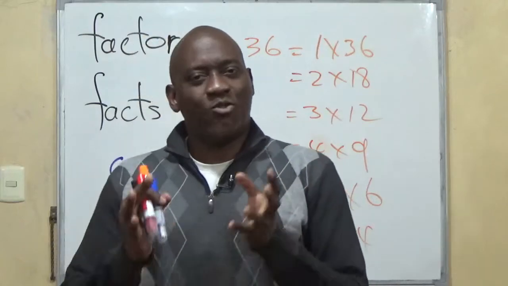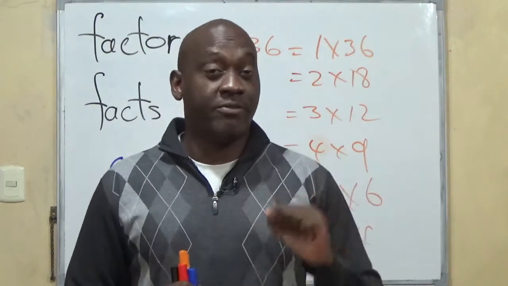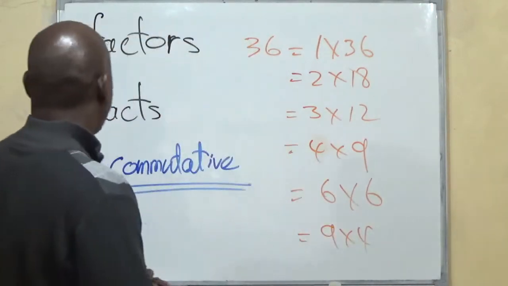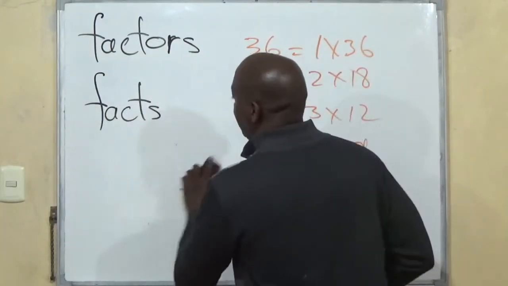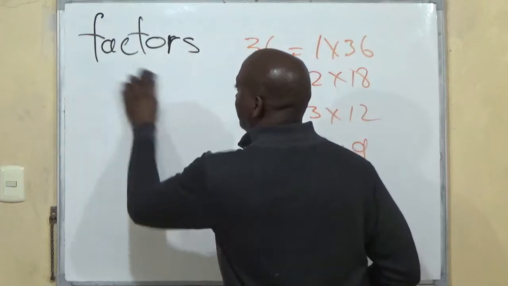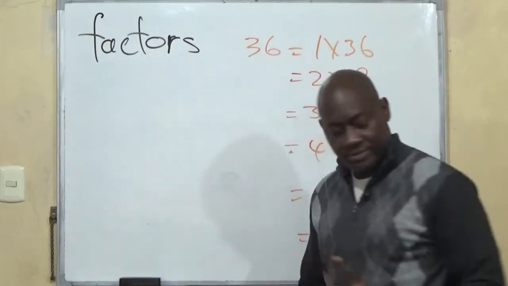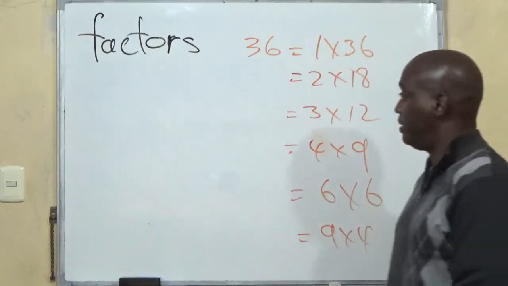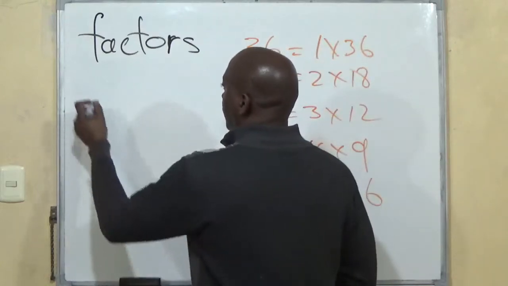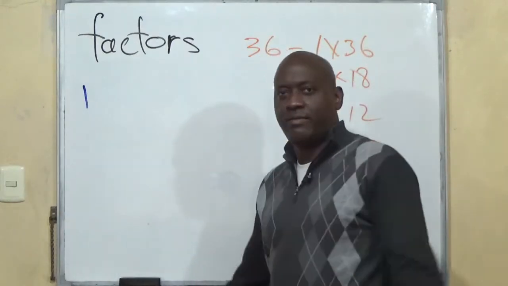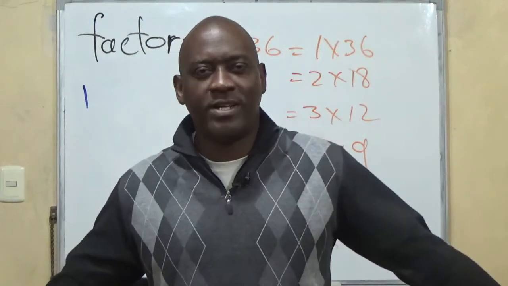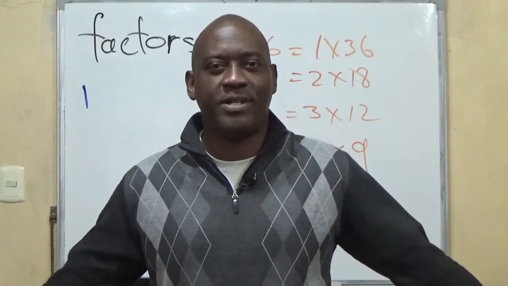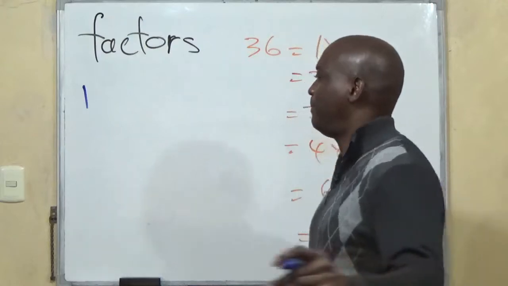So if we had to write out the factors of 36, what would be the factors of 36? The factors of 36 would be 1. The factor of 1 is always a factor. That is one of the properties of the number 1.